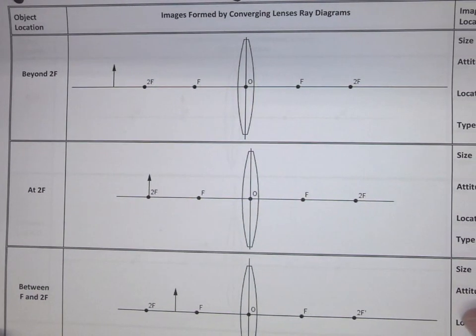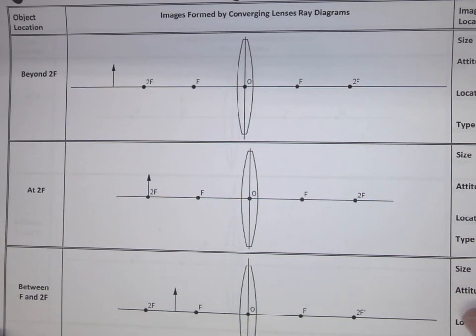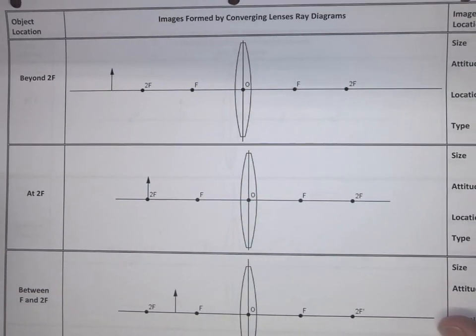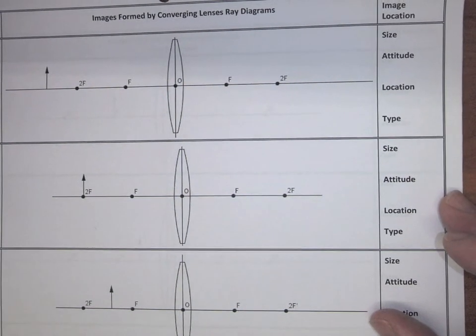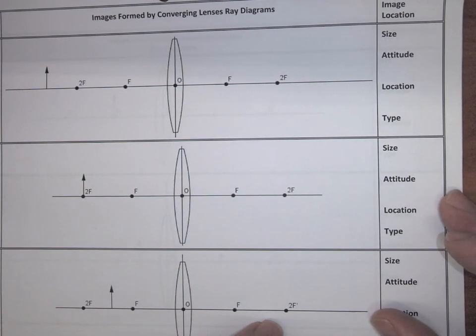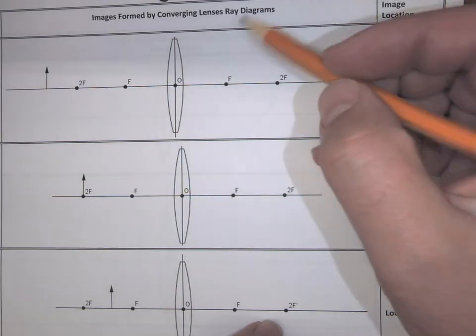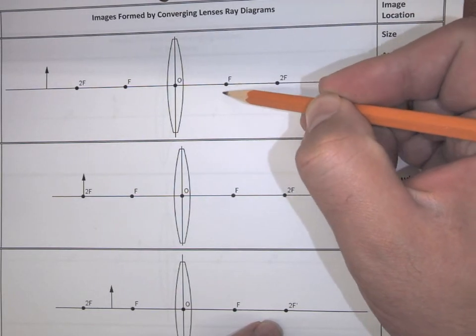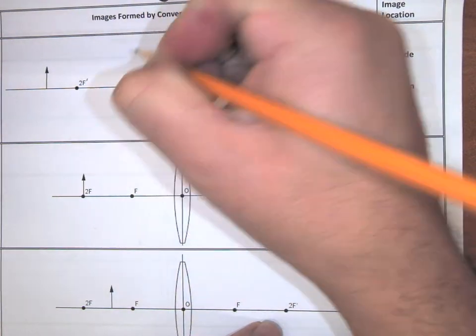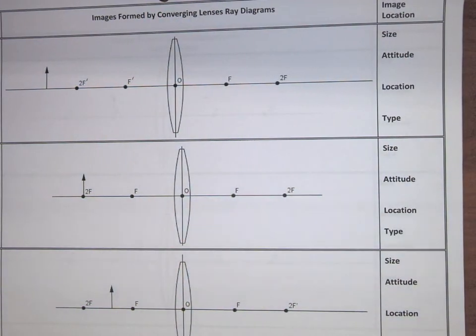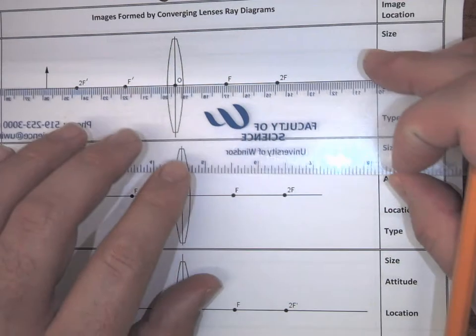For case number 1, we are going to put our object beyond 2F, beyond the center. Please remember that when we draw our rays will always converge through the principal focus. That means this is the principal focus F, making these F prime our secondary principal focus.